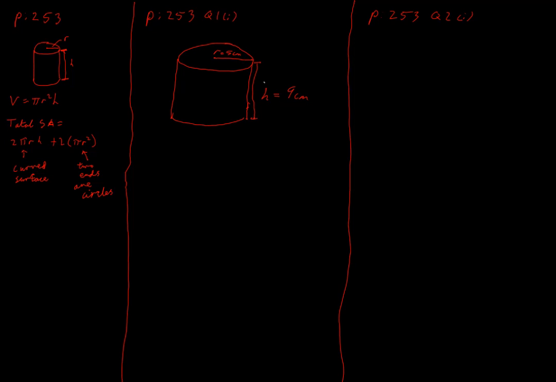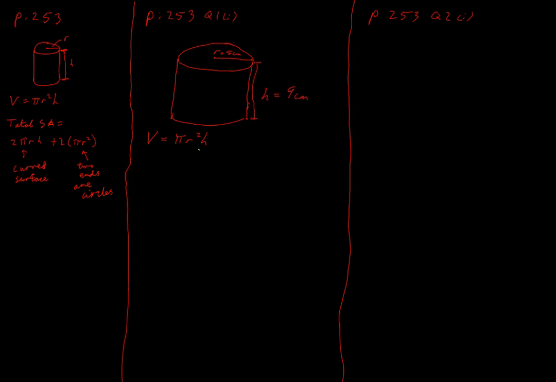That's given to me in the picture, and the height of my cylinder is 9 centimeters. Again, that's given to me in the picture. I'm asked to find the volume of my cylinder. If I hear volume of a cylinder in an exam question, I'm going to write down pi r squared h, and this is one of the formulas that you have in your log tables.